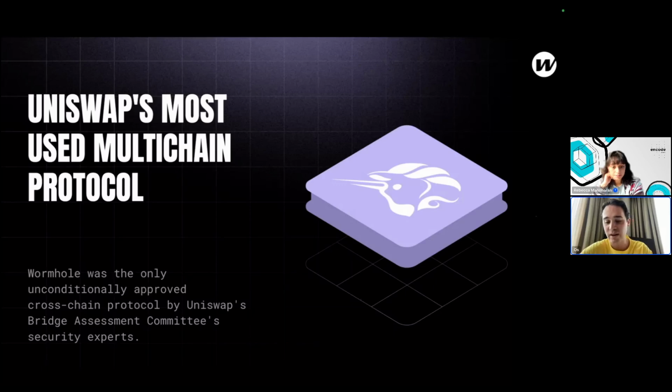Again, just showing how robust the infrastructure really is. And this is why queries is so exciting, because it enables you to leverage the full trust assumptions of the Guardian network in a much more innovative way, I would say, than traditional push messaging.